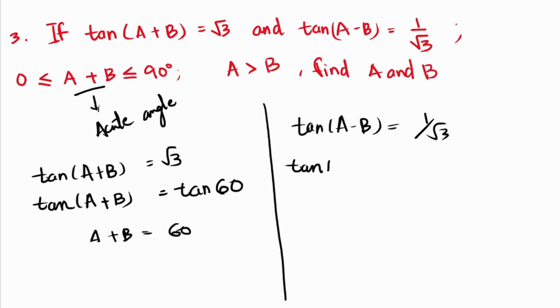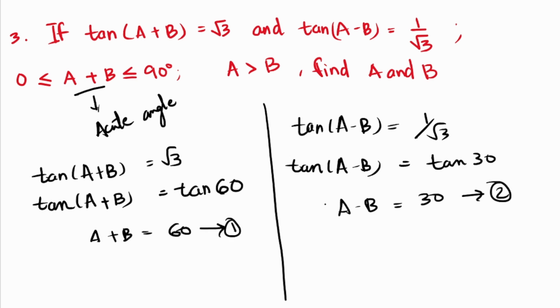So tan A minus B, which equals 1 by root 3, can be written as tan 30 degree. Since tan A minus B equals tan 30 degree, that simply means that A minus B equals 30 degree. You can consider this as equation 1 and this as equation 2. Then we'll solve this. That is A plus B equals 60 degree, A minus B equals 30 degree.